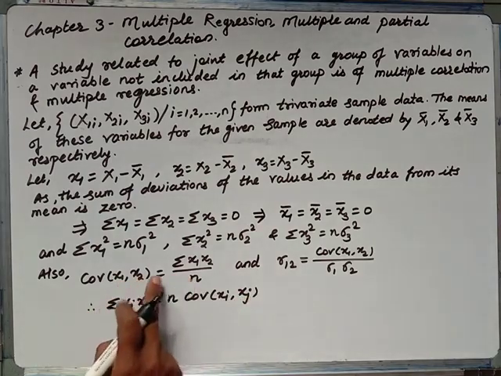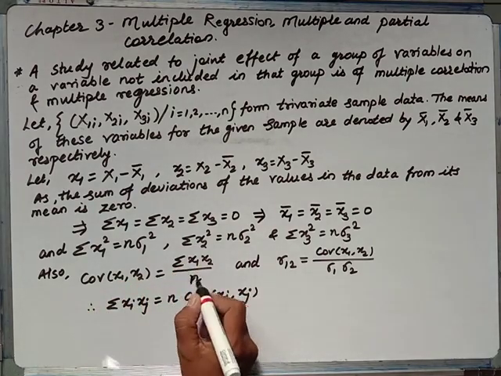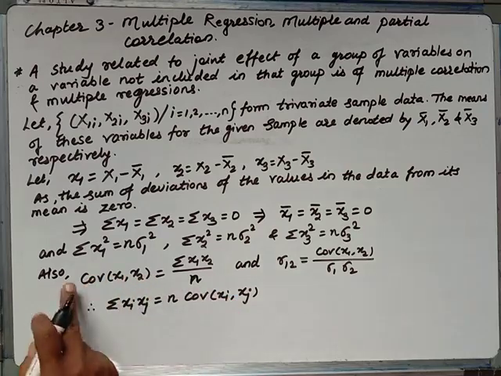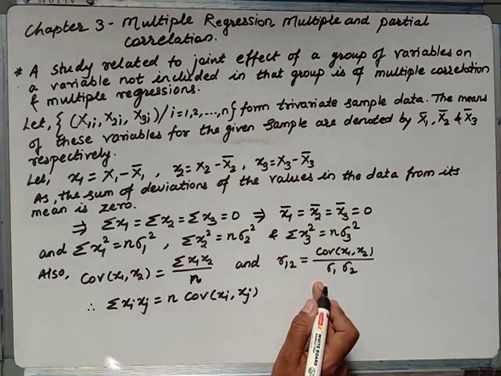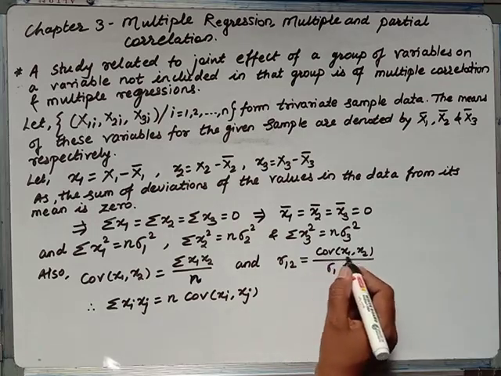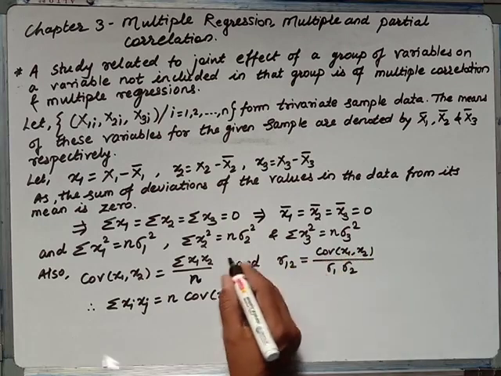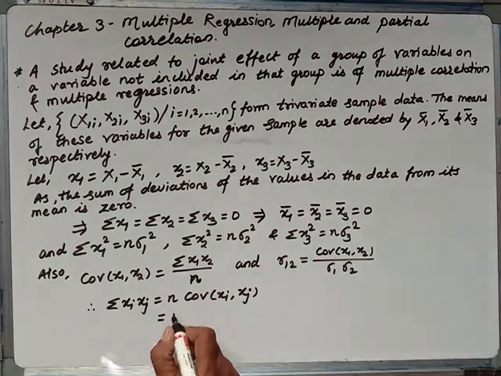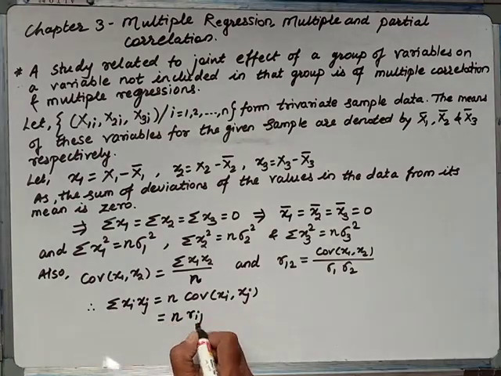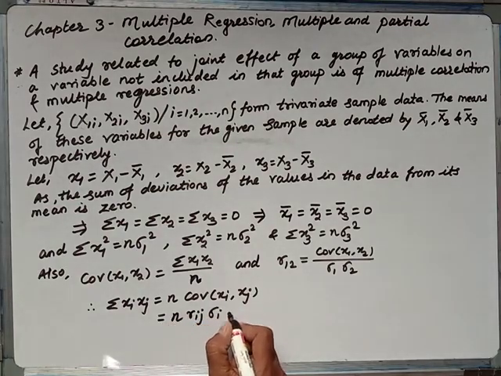From this result we can write summation x1 x2 as n into this covariance. Putting in the value of the covariance, we get n into rij sigma i into sigma j. This is the result.